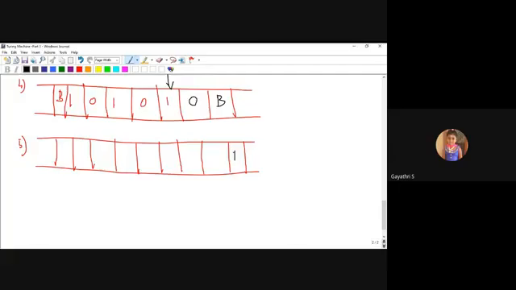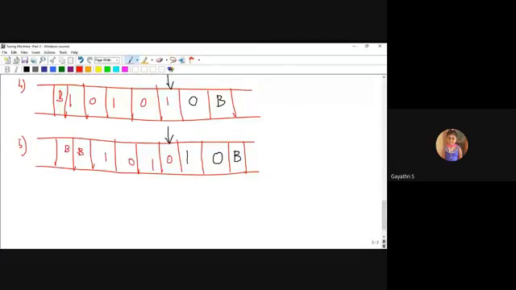I have reached the blank symbol and the 0. When I read the first 1, I don't make any change; I write the first 1 as it is. Then the head points here, and the remaining part is 0, 1, 0, 1.